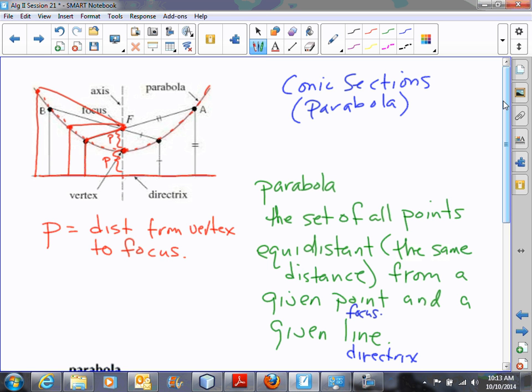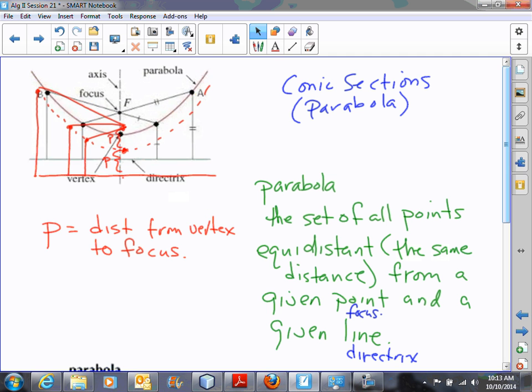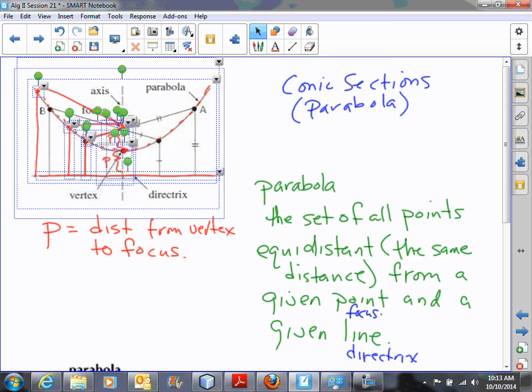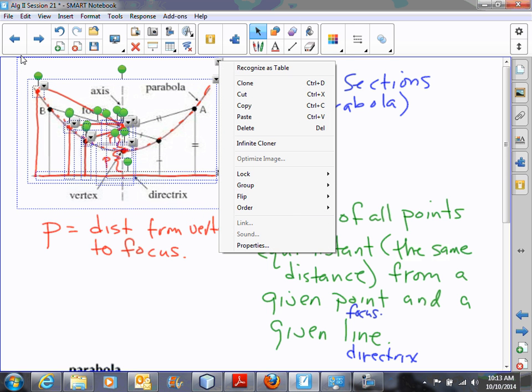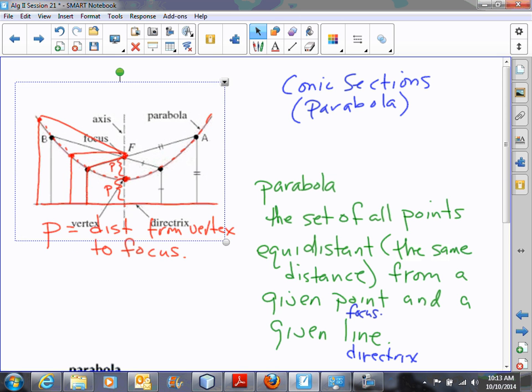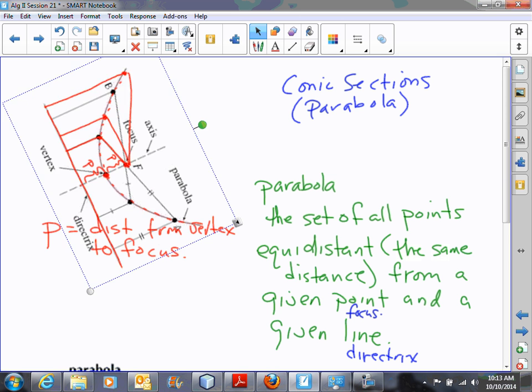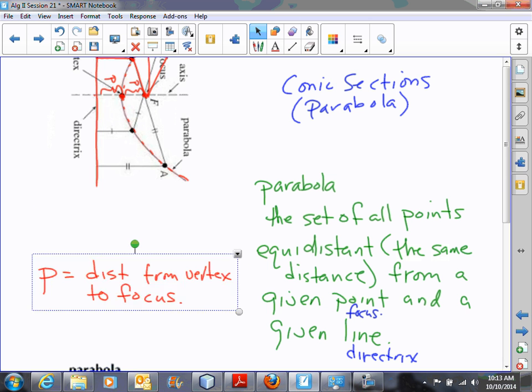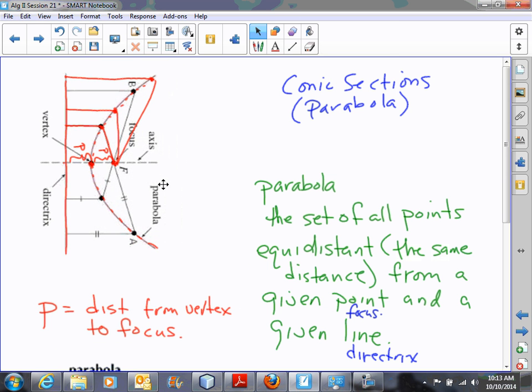Okay, now this isn't all that we're dealing with, though. We could actually turn this on its side. Let's move that up a little bit, move this down. There we go. Now you can see it.